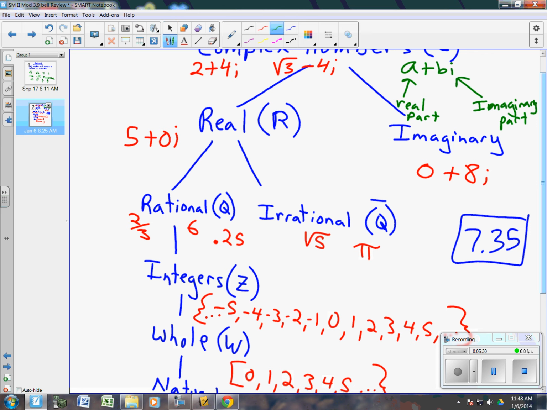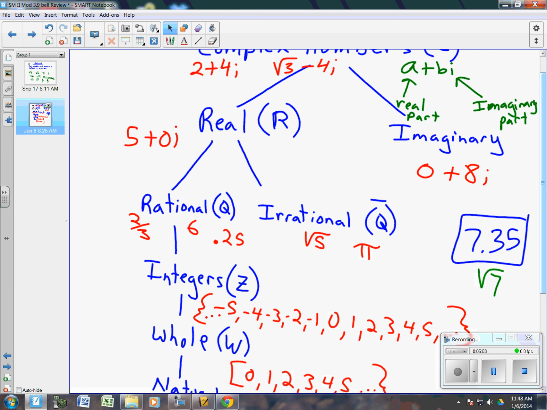And then what if I gave you the square root of 7? Oh, by the way, you should also put C. It's complex, it's real, and it's rational. For 7.35, you should put C, R, and Q. For the square root of 7, what should you put?